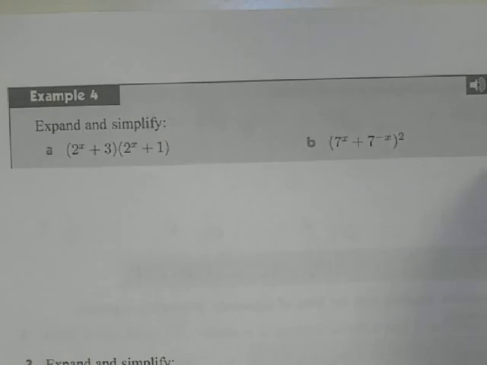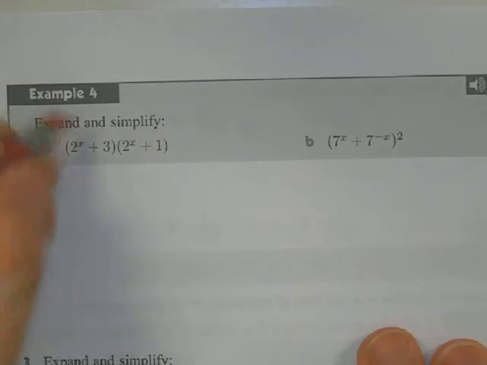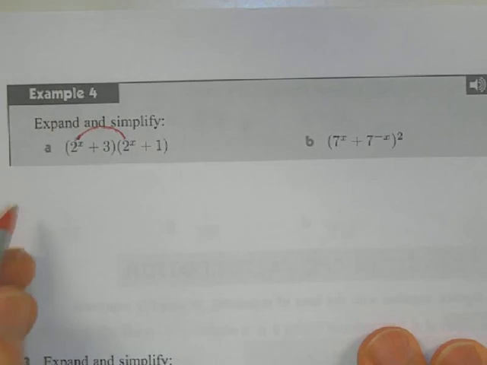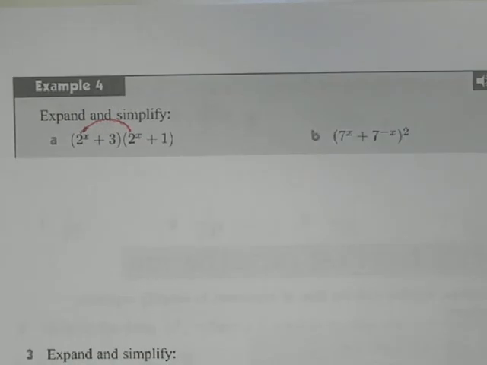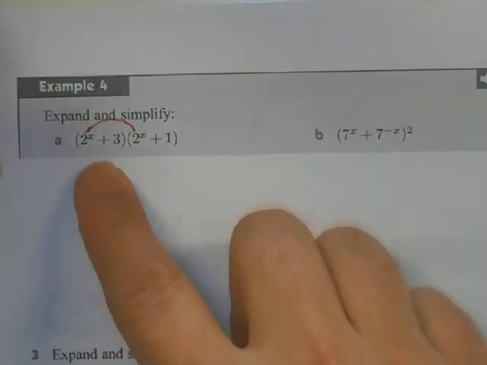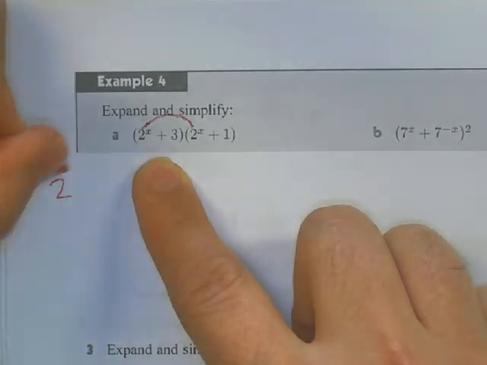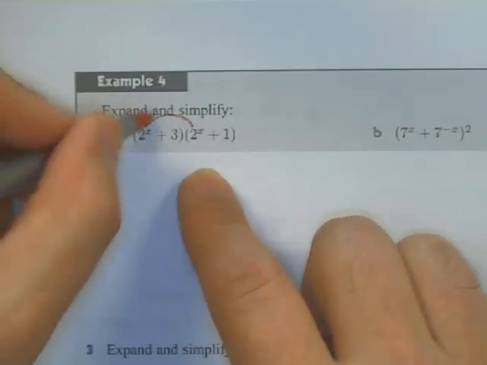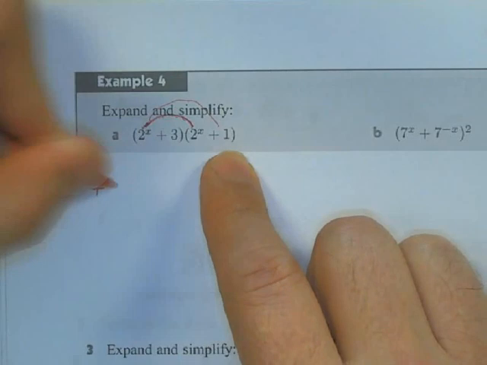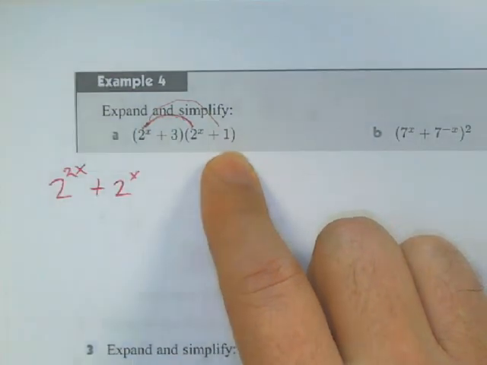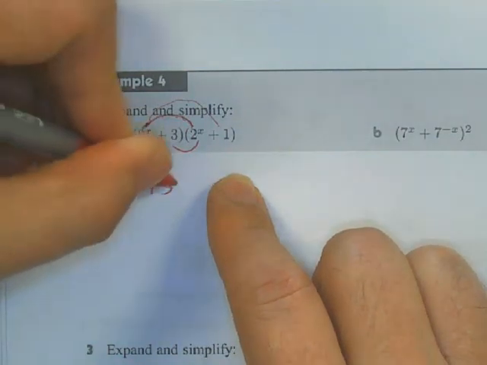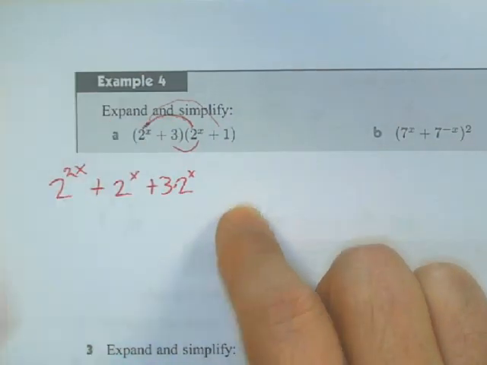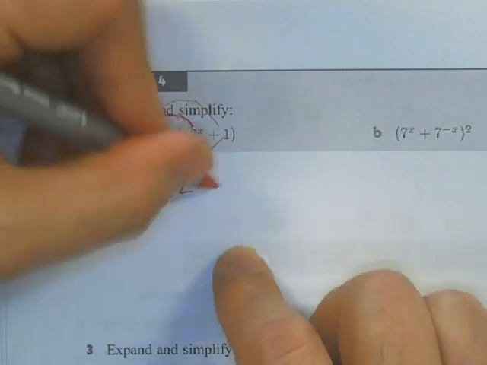Okay, this is kind of fun. Okay, so 2 to the x times 2 to the x gives me 2 to the 2x power. 2 to the x times 1 gives me 2 to the x. 3 times 2 to the x is 3 times 2 to the x, and then plus 3.